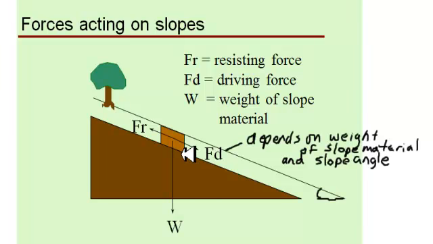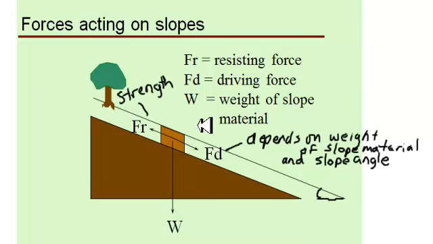And the resisting force behind mass wasting is simply the strength of the slope materials. So anything that increases the driving force would make mass wasting more likely to occur.